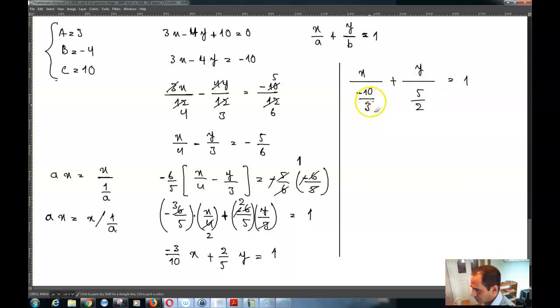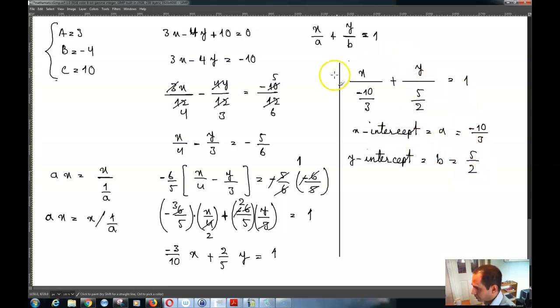So now you can see that your x-intercept, which is equal to a, lowercase a, is equal to negative 10/3, and your y-intercept is equal to b, is equal to 5/2. And that is basically that.